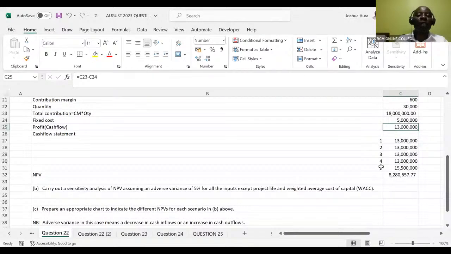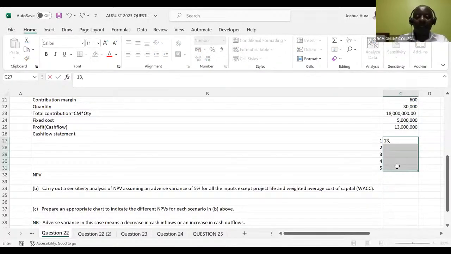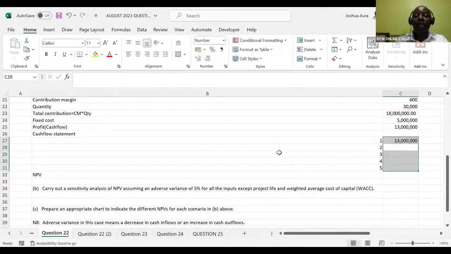So to simplify this, what I'm supposed to do is just to come and repeat this 13 million. I've got year 1 to year 5, so I'll write my 13 million physically. Don't go for a shortcut. So in this case here we have 13 million, which is what we shall be enjoying for how many years?